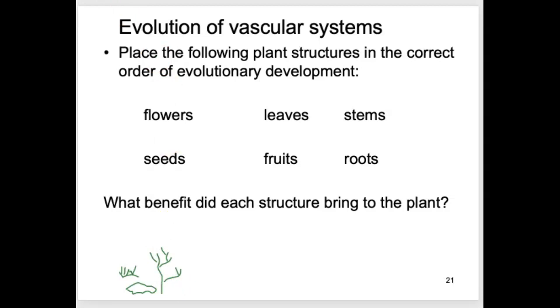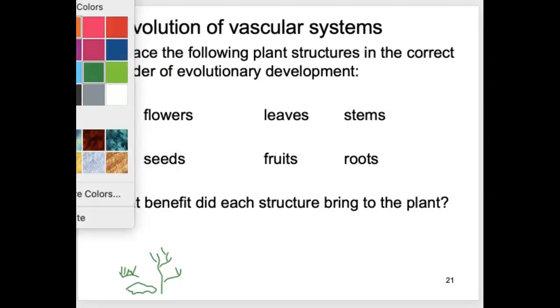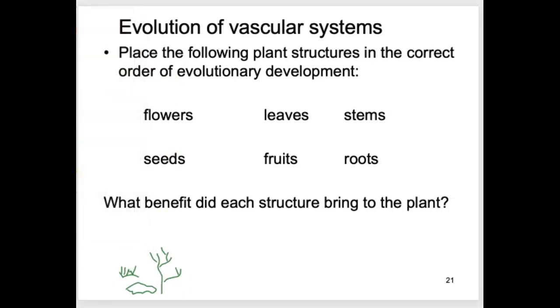Okay, so the first evolutionary structure that would help vascular plants be more competitive is going to be the stems. Okay, so there's number one.